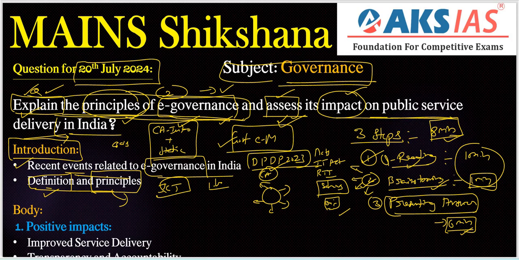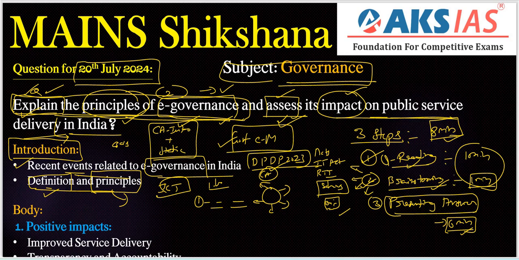We need to understand each and every keyword asked in the question and focus on that. They did not ask to write what the principles are, but to explain the principles. Then we need to write each particular principle and give some information, one to two lines.